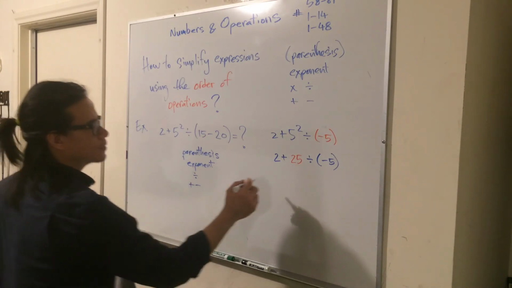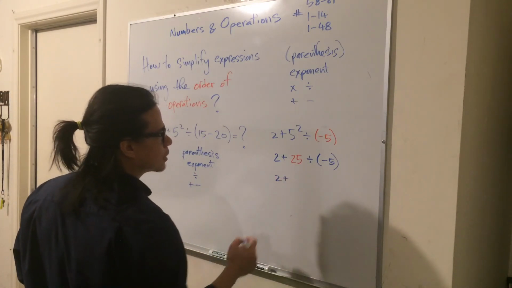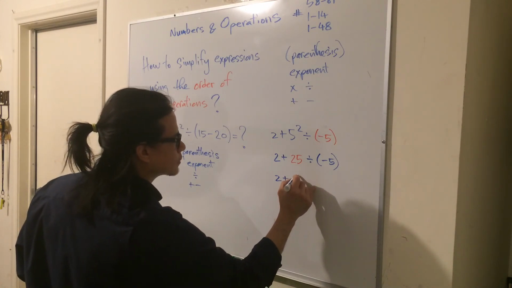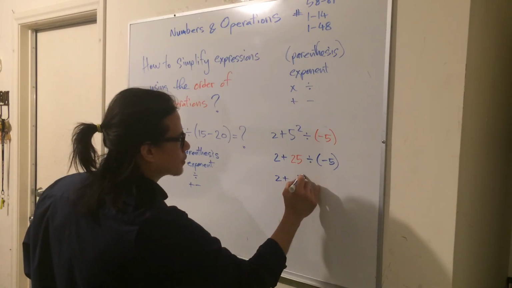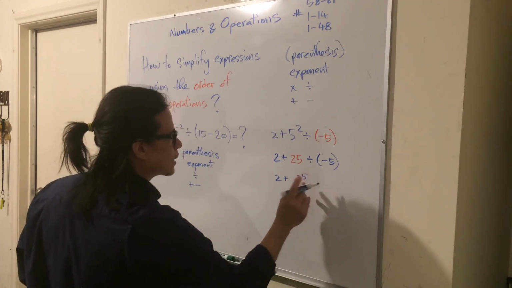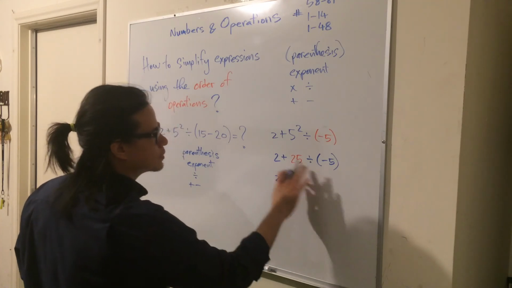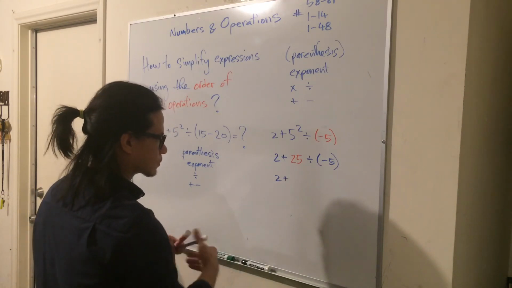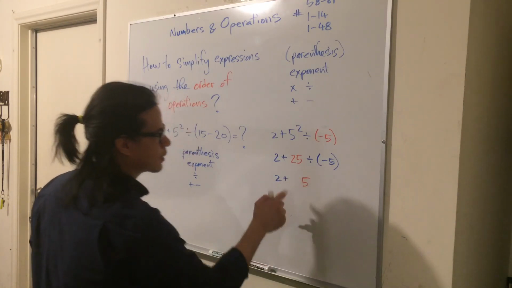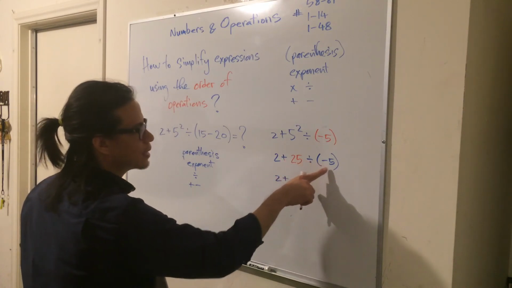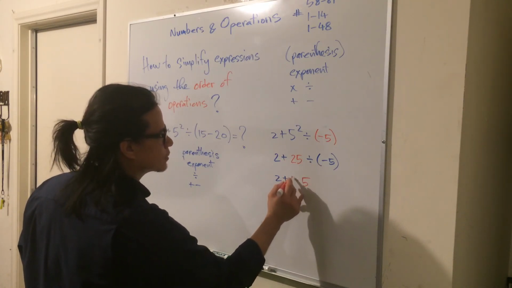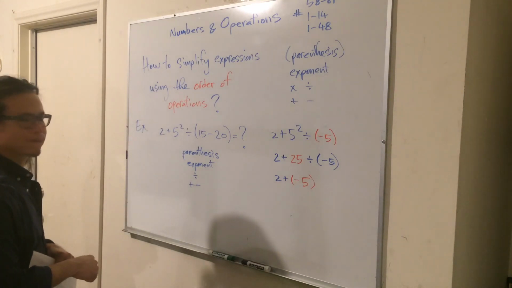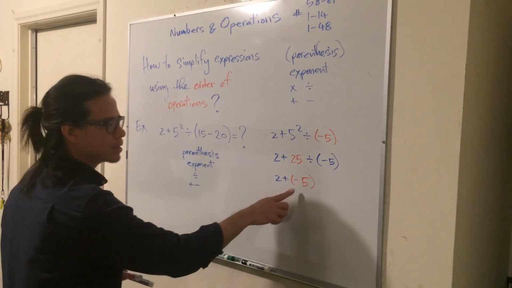Right there. So we're going to leave the 2 plus alone, and we're going to take 25 divided by negative 5. Okay, so 25 divided by 5 is 5. Positive divided by negative is negative. Okay. Take a minute to think about that.